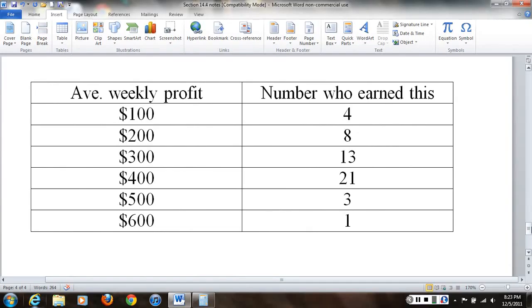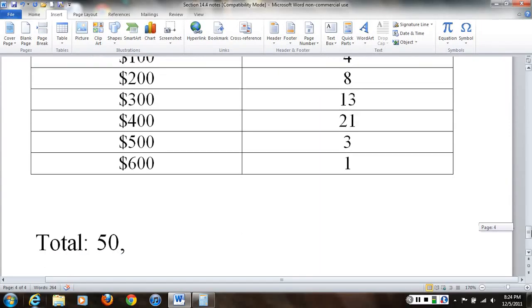So we're not even calculating what you pay to have access to the franchise versus what you're profiting. But that's okay. We're just looking at it from the perspective of, we've already bought into it, what do we stand to gain? It's done the same way. We want to see what's the probability that we earn $100 a week, but we need a total. And if we add up all the people who have been doing this, who we're considering, that's 50 people.